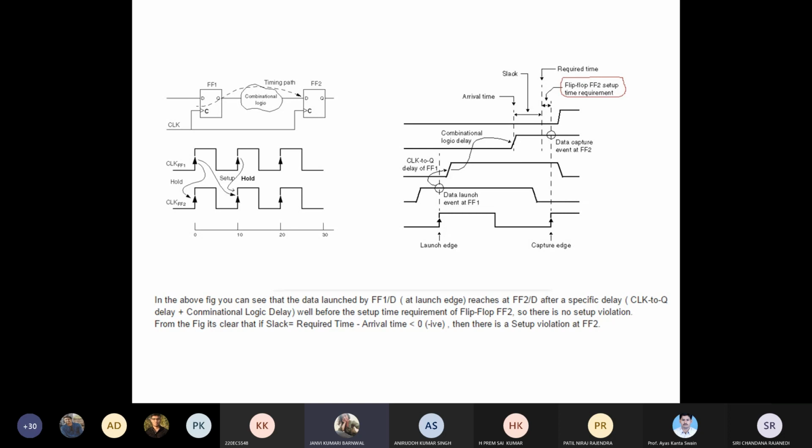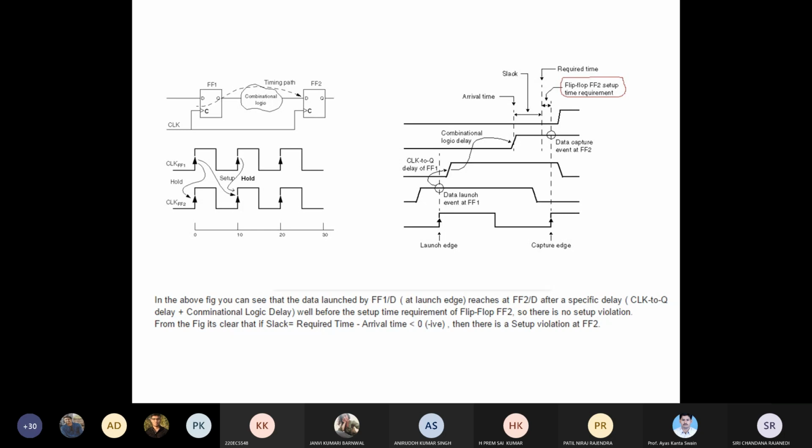Yes. Okay, so now, did you get what is slack, what is arrival time, what is required time? You can just say data capturing clock period minus setup time is called your required time. This is the required time which is fixed, and all data should meet this time.